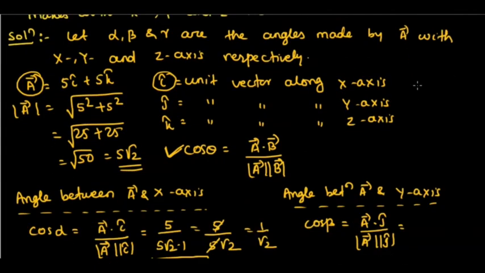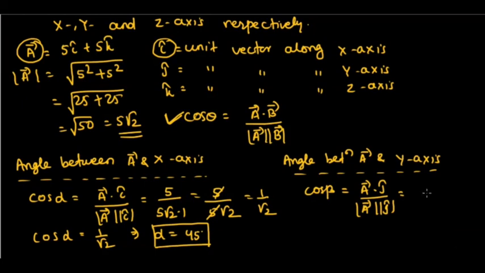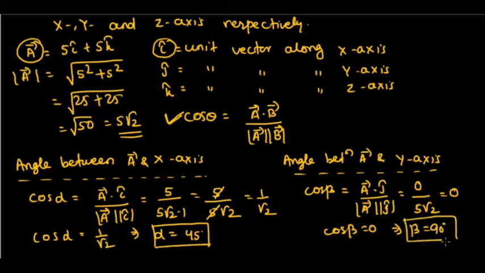So a dot j will be 0, divided by a vector magnitude 5 root 2 and j cap magnitude 1. So 0 by something is 0. So cos beta is 0. That implies beta is 90 degree. So the vector a makes an angle 90 degree with y axis.